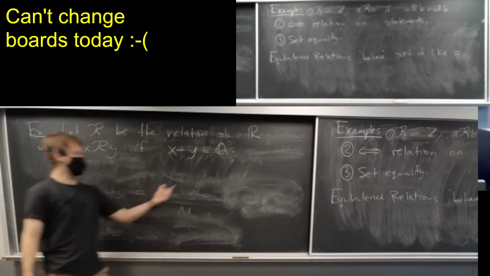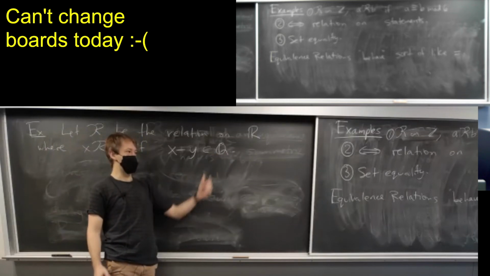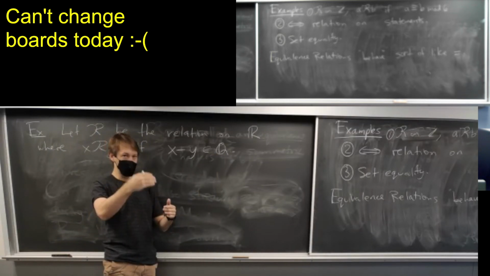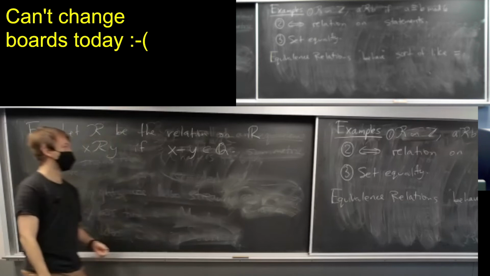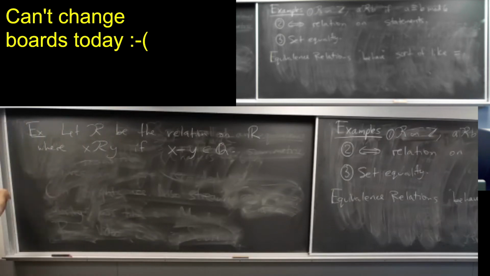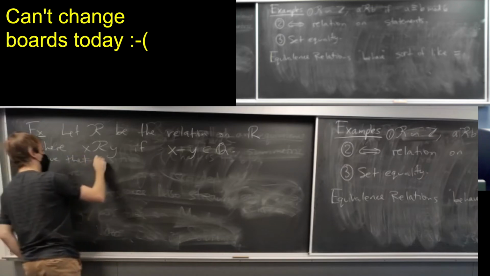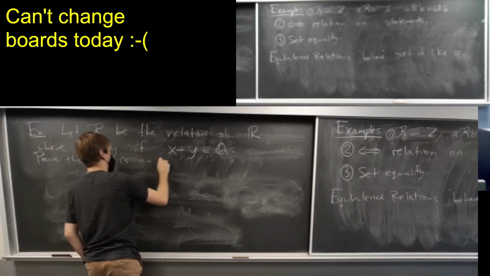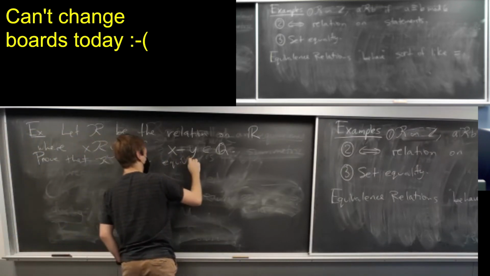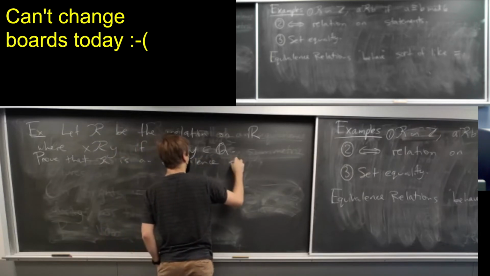Do we remember what this Q means? It's the rational numbers, the things that can be written as an integer divided by an integer. So you could be asked to prove that R is an equivalence relation.